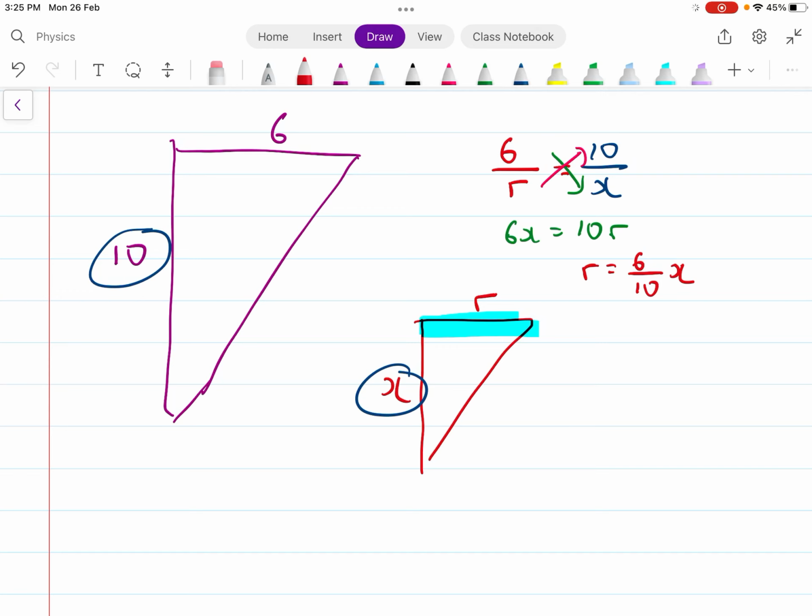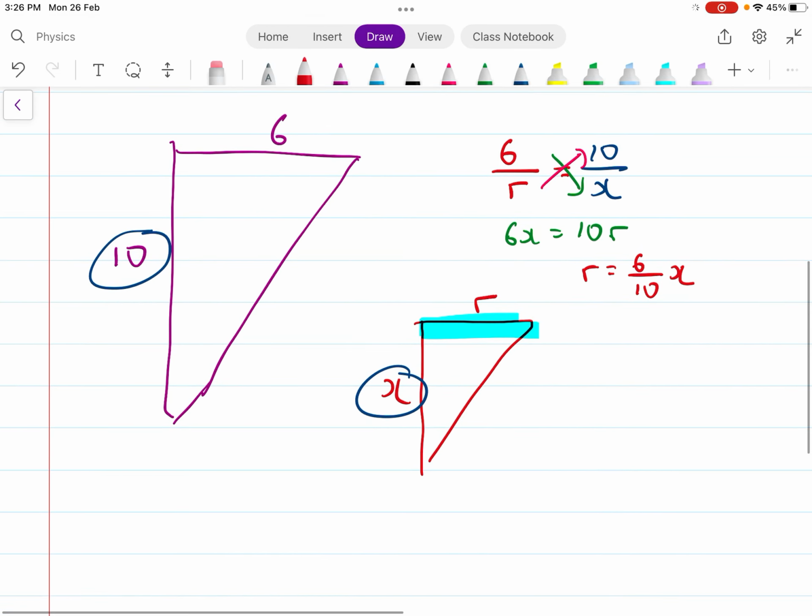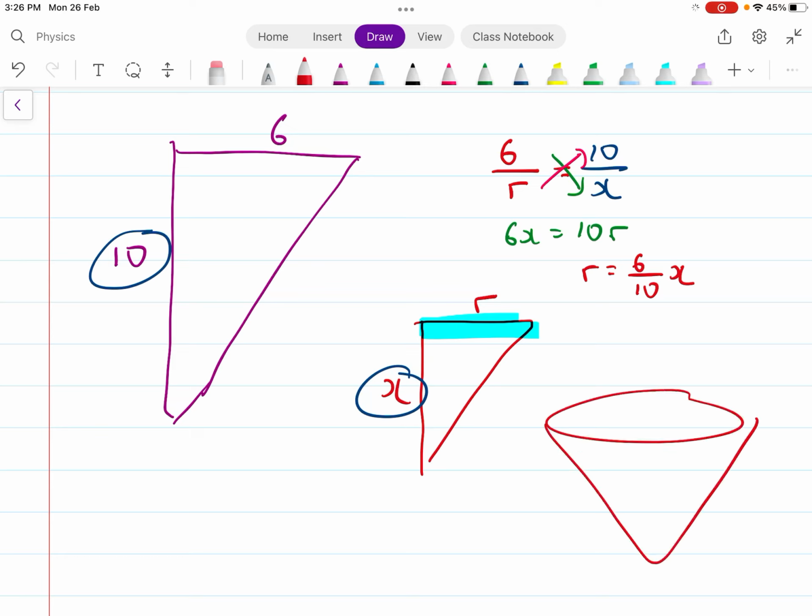With this, I want to show the volume. The volume of a cone, which is the water here in the cone shape, is 1/3 pi R squared times the height.